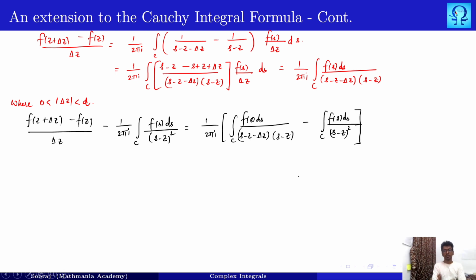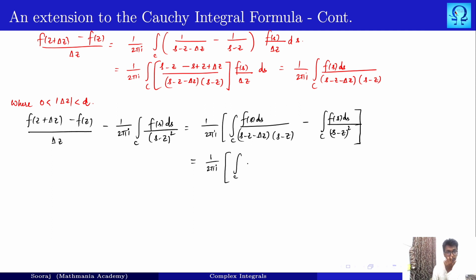So this is what we have. Now we'll have to simplify this as well, right? How shall we do that? Is it possible to do that? Yes, of course it is possible. So 1 upon 2 pi i. What should we do? We will have to just take LCM to this as well.